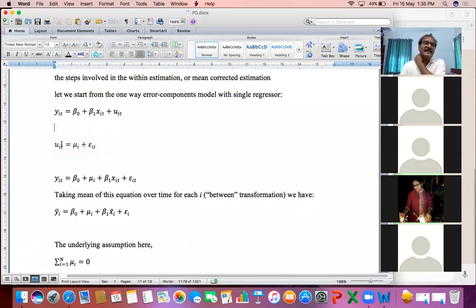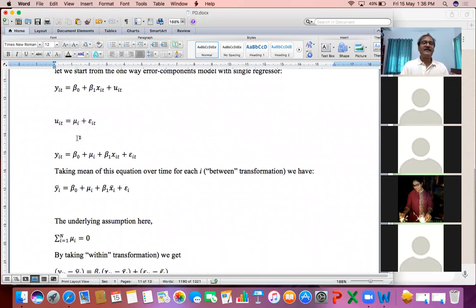We are decomposing the error only in one way. And why fixed effect? Because we are assuming mu_i is non-random, non-stochastic. Although mu_i is different for different i, for different cross-section units, and they are unobserved, still we assume that they are non-random.